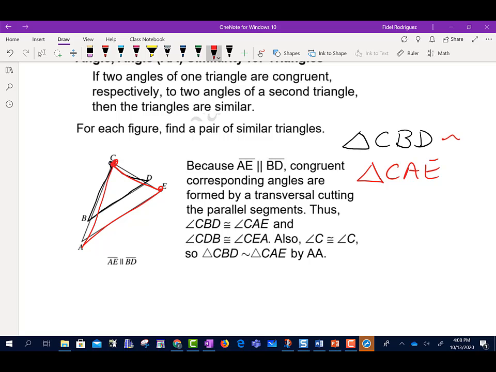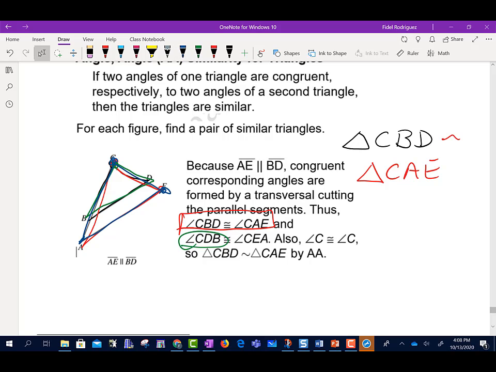And these two triangles would be similar, right? And they wrote it a little bit differently: CBD, CAE. And then they did another one too. They said CDB, that one there, and CEA, that one there, right?